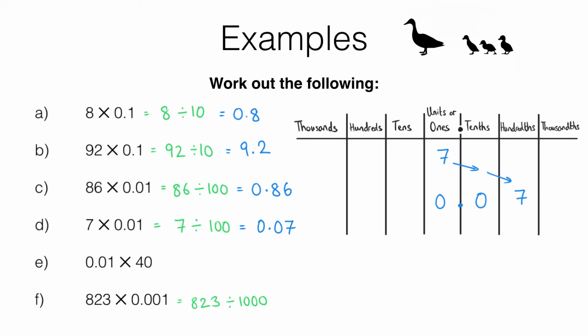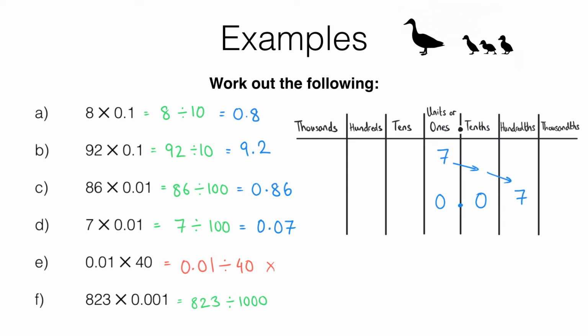Next, we've got E. Now, some students will get tripped up by this and they will wrongly write something like this to start with. 0.01 divided by 40. That's wrong. All they've done is change the multiplying by 40 into dividing by 40, and that does not make sense.